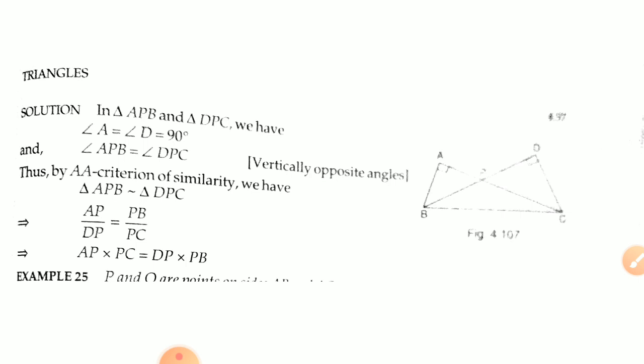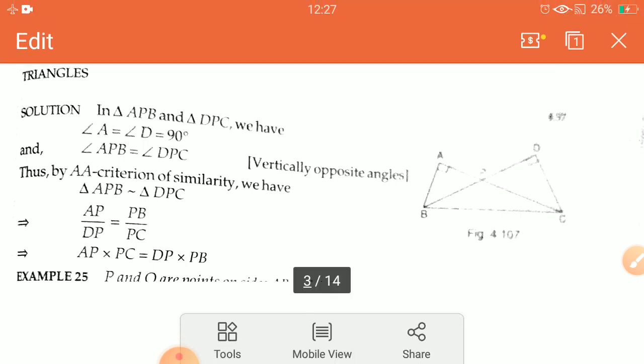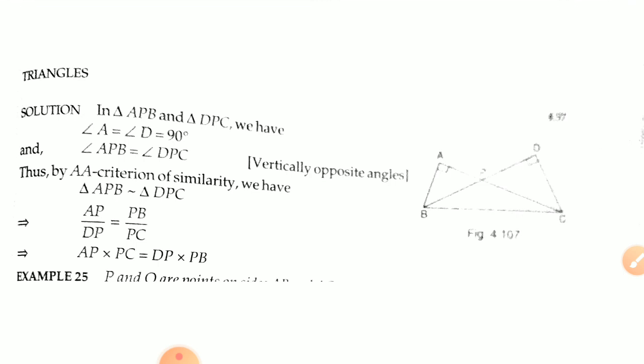Here both AC as well as BD intersect each other in a point P. And angle A as well as angle D both are 90 degrees. So here in triangle APB and triangle DPC, we have angle A equal to angle D, and that is equal to 90 degrees, means both the angles are of 90 degrees.